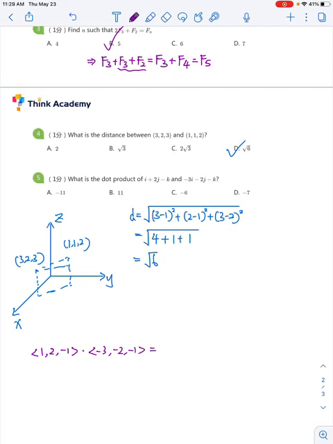To find the dot product, you multiply each of the corresponding coordinates and then add them up together. So we have 1 multiplied by -3, plus 2 multiplied by -2, plus -1 multiplied by -1. Therefore it's going to be -3 minus 4, and then we have a plus 1, which is -6. Okay, that will be the answer choice C.